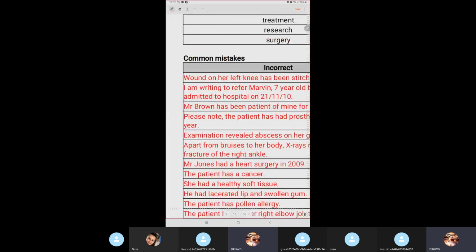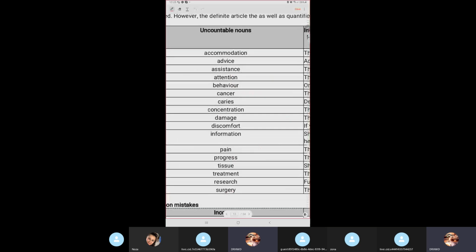Now let's come to the uncountable words. These are your uncountable words. Advice, attention, behavior. Again, behavior is uncountable. Now you see, if I say she has a deteriorating mental behavior, behaviors could be of many types, but when I say behavior overall, it is uncountable.